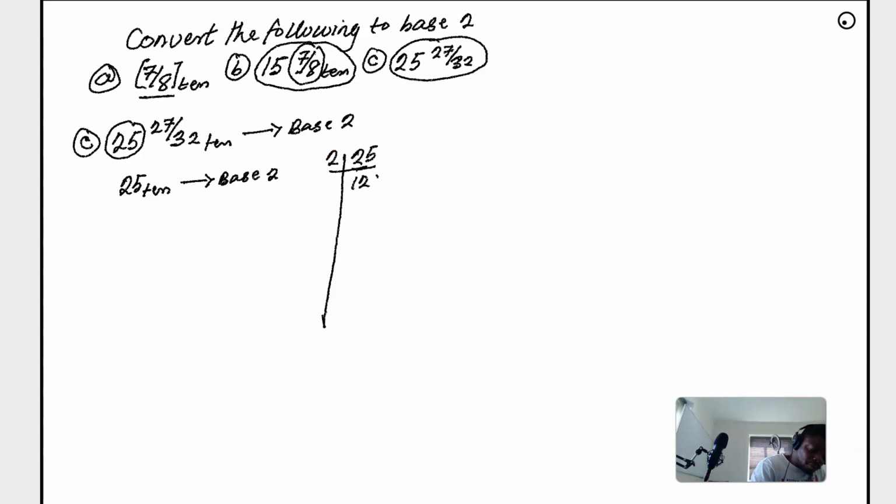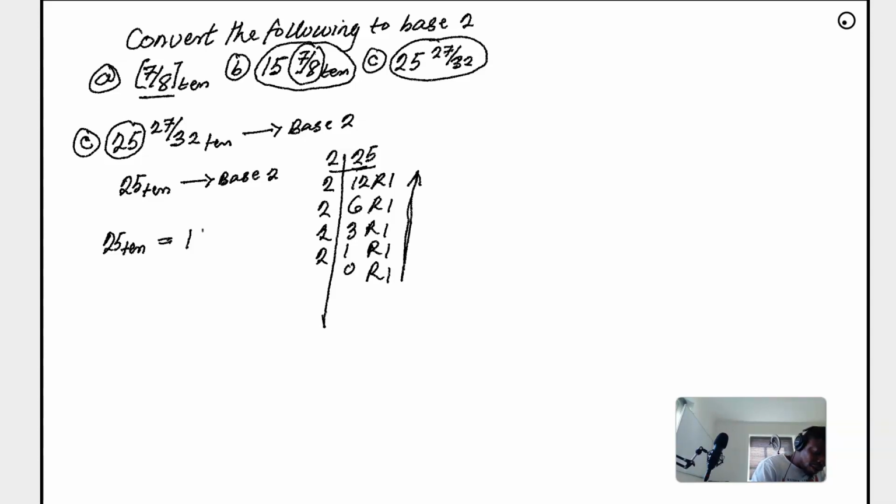So 25 is 12, remainder 1; 2 into 12 is 6, remainder 0; 2 into 6 is 3, remainder 0; 2 into 3 is 1, remainder 1; 2 into 1 is 0, remainder 1. So you already know this. So 25 in base 10 is equal to 1, 1, 0, 0, 1 in base 2.